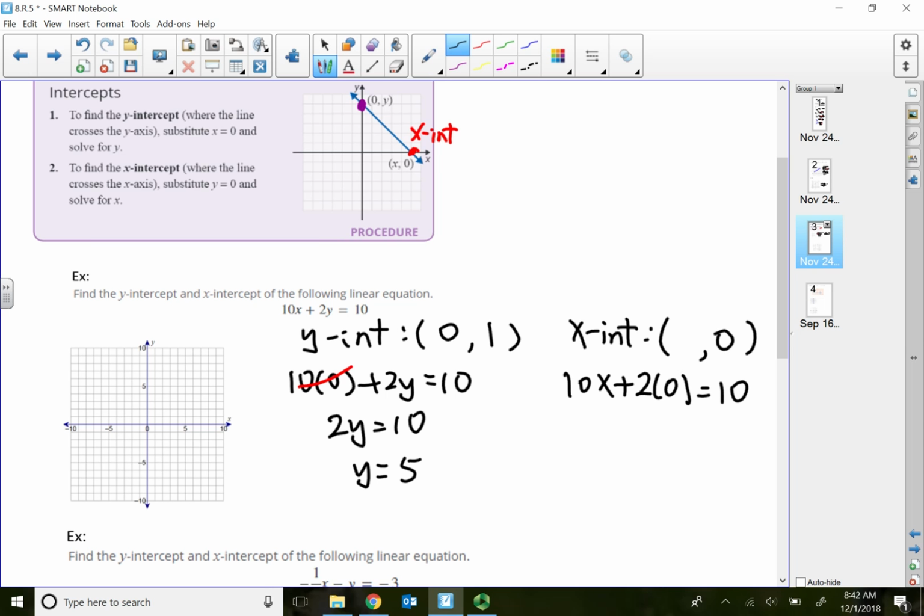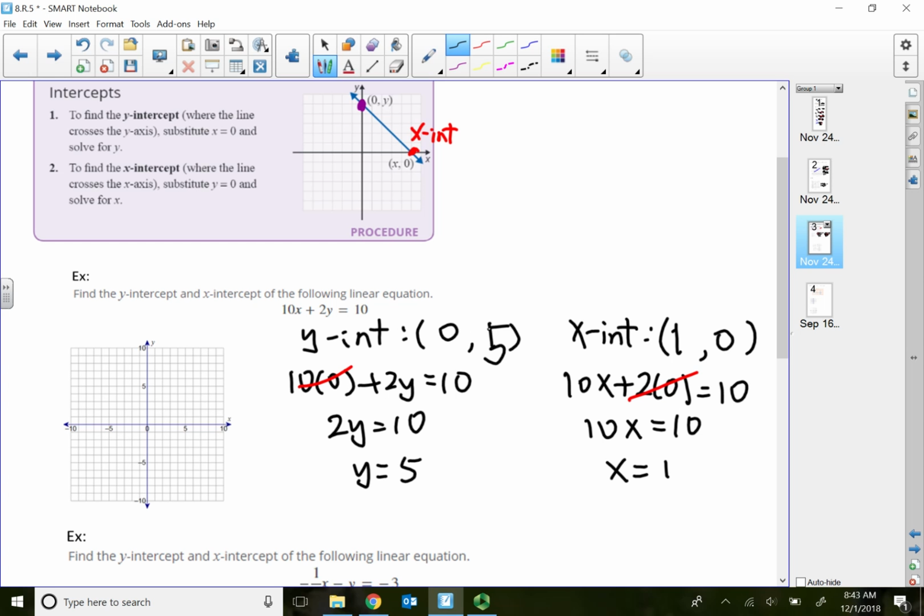This time positive 2 times 0 is 0. So that leaves me with 10x equal to 10. X is equal to 1. So 1 comma 0 is the x-intercept, and 0 comma 5, sorry, is the y-intercept.